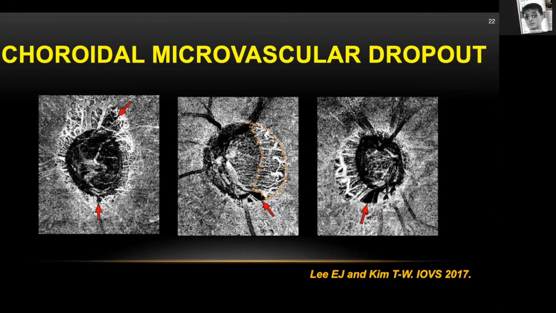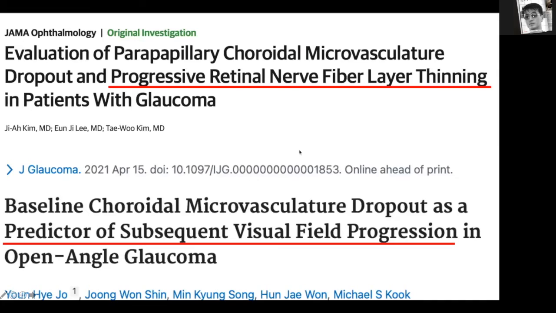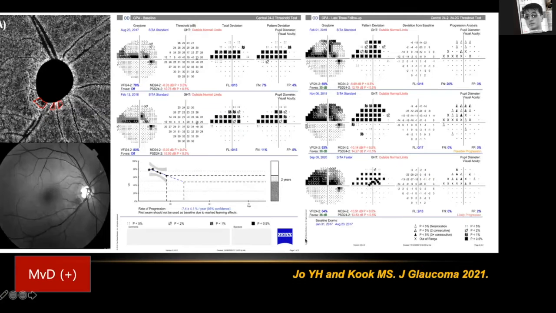Using OCT-A, CMVDs are typically observed within the parapapillary deep layers involving beta and gamma zones within the PPA. Subsequent studies revealed that CMVDs are also associated with progressive RNFL thinning and visual field progression. In this patient, CMVD was observed in the inferior parapapillary area by OCT-A.